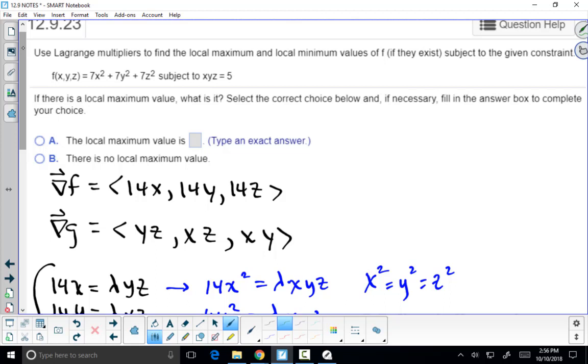There is going to be no maximum if we analyze that, because we can pick x to be as big as we want. We could pick x to be 1 million. And then for this equality to be true, y and z would have to be tiny, but that's not going to matter over here. When we plug in x equals 1 million, this is going to be monstrous, and these guys will just be even closer to 0.